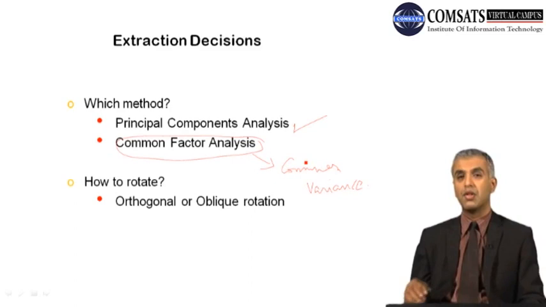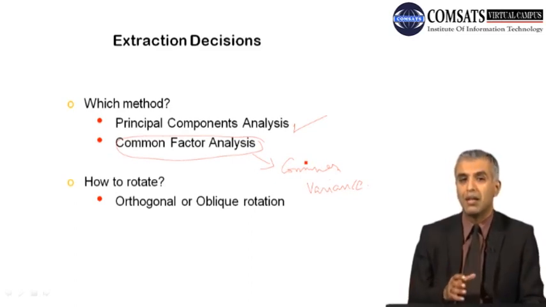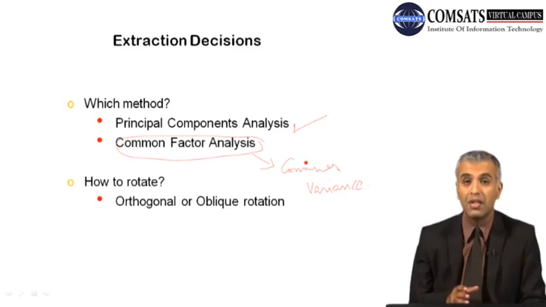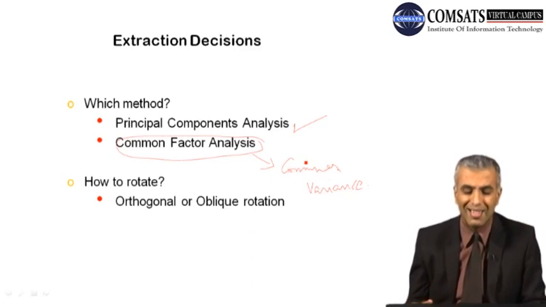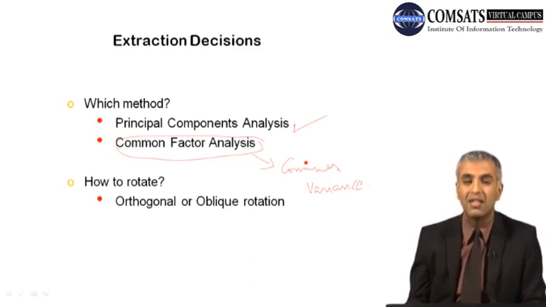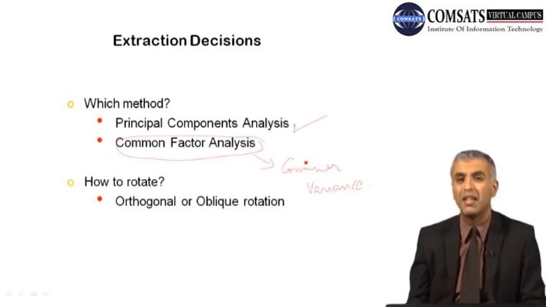But we have to use common factor analysis in those cases when it becomes the need of the specific theory which we are using. So in order to assess which method is to be used, we have to see what kind of theoretical requirements there are for our data set.